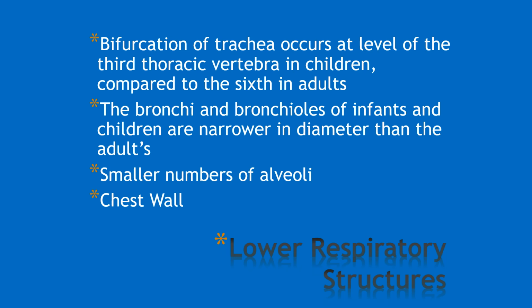A term infant, an infant born at full gestation, will have approximately 50 million alveoli. But by the time they are 7 to 8 years old, they will have their adult number of 300 million alveoli. So let's compare and contrast. A child can have 300 million, whereas a healthy infant only has 50 million.